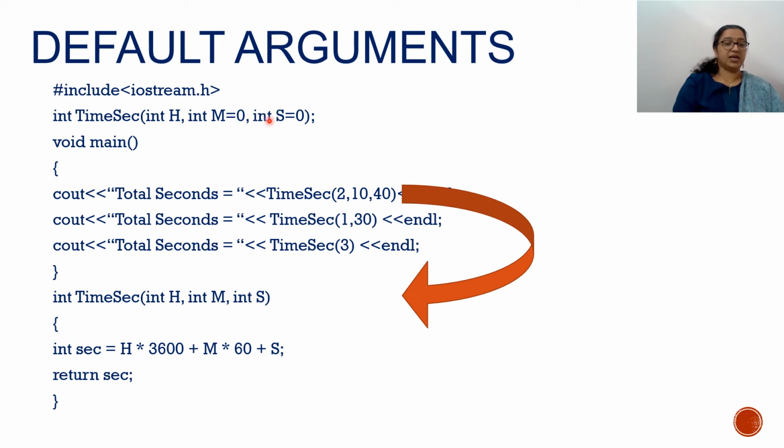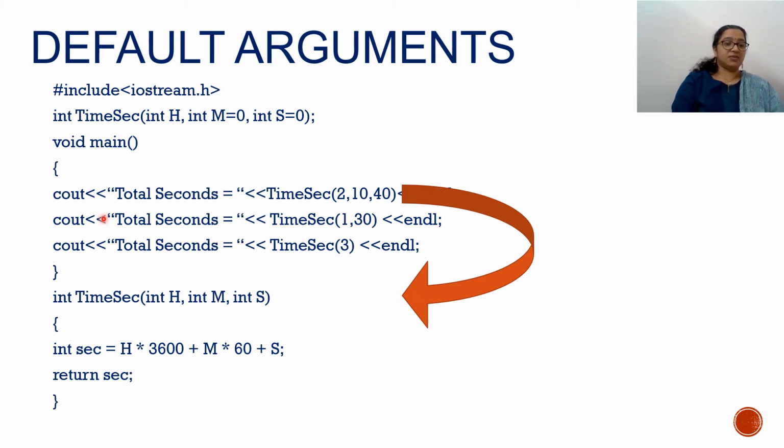Already values are there, so they will be overwritten and the new values copied. We will get the return value as 2 into 3600 plus 10 into 60 plus 40. So return seconds, and we will get the result on the monitor.